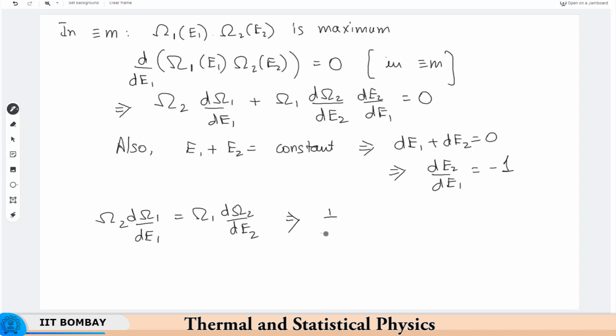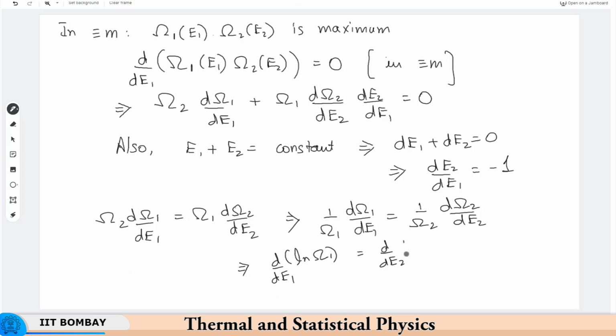So, 1 by omega 1 d omega 1 by dE1 is equal to 1 by omega 2 d omega 2 by dE2. Okay. So, in equilibrium, this is the condition. All right. And this I can rewrite as the derivative d by dE1 of log of omega 1 equals d by dE2 of log of omega 2, right. So, this is the condition for equilibrium, right.